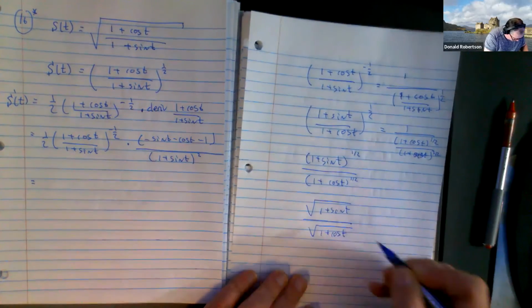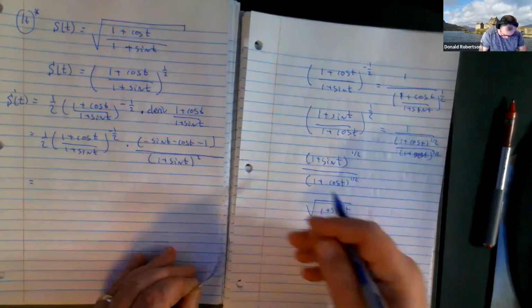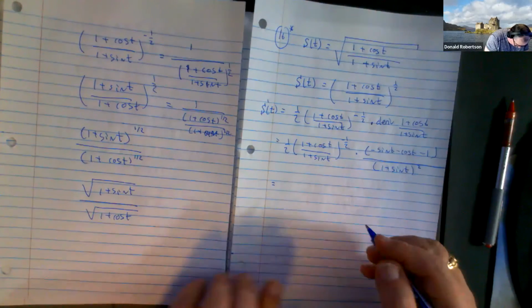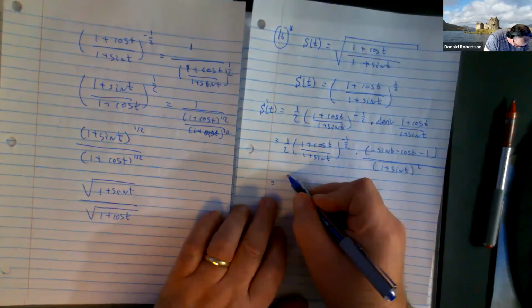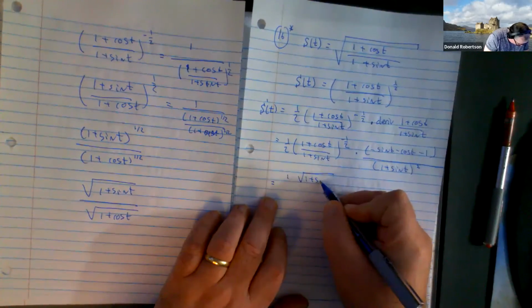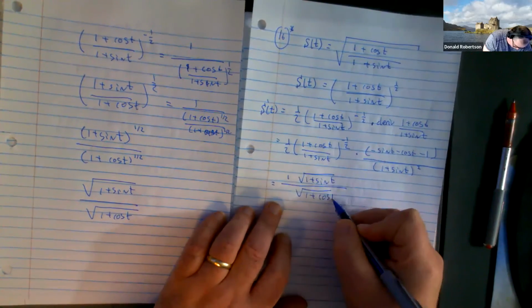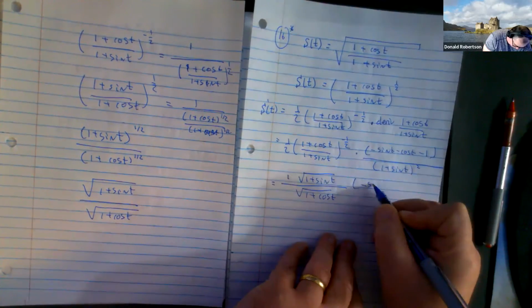So I'll now zoom over here. What do we have? Well, we have a square root of 1 plus sine t. We have the square root of 1 plus cosine t. We have an ugly expression that looks like that.